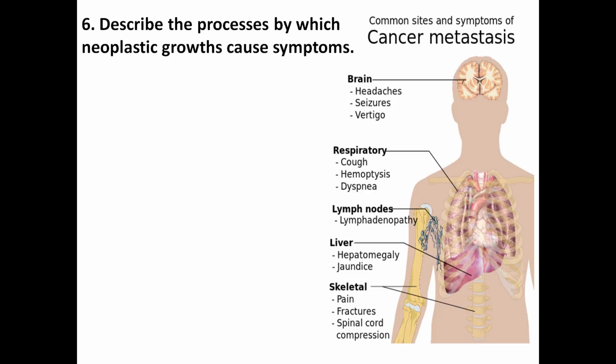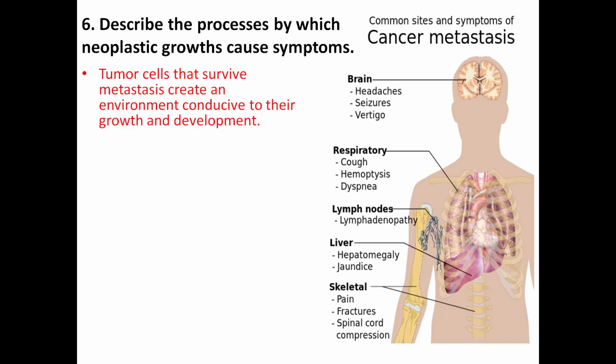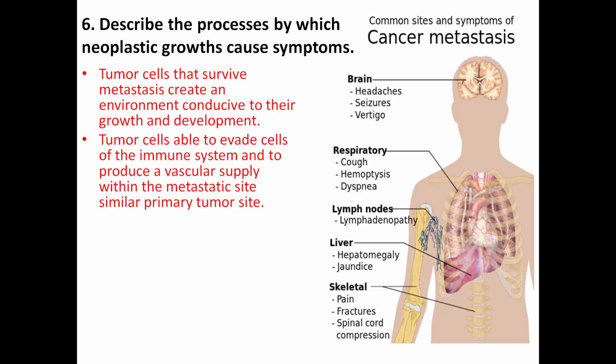Tumor cells that do survive the process of metastasis must create an environment in the distant organ site that is conducive to their growth and development. This is facilitated by the ability of the tumor cells to evade cells of the immune system and to produce a vascular supply within the metastatic site, similar to that developed in the primary site. Vascularization is critical to the supply of nutrients to the metastatic tumor and to the removal of waste products.